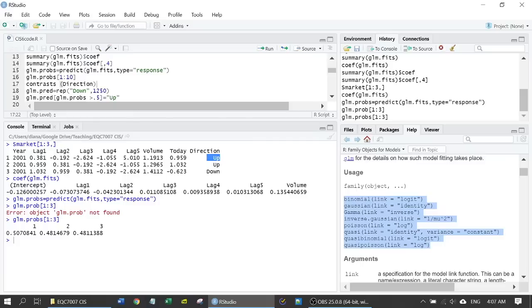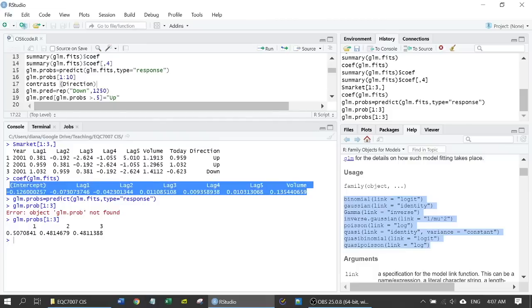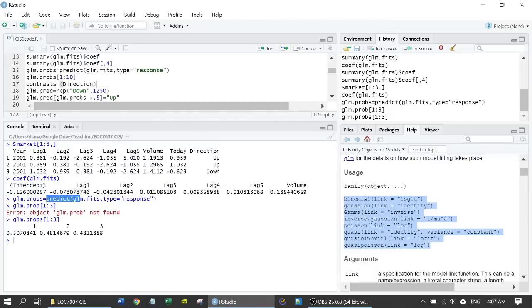What you care about is that based on this value, when you plug it into this model, you predict that the probability that it's going to be up is 0.507. And the probability for the second one, based on this value, that it's going to be up is 0.48.